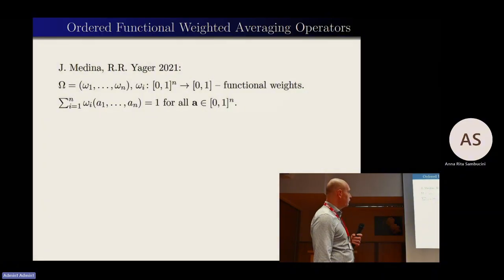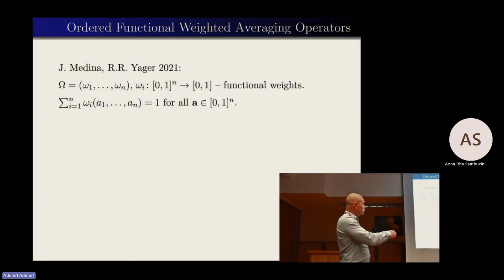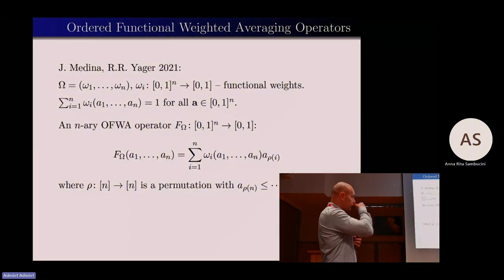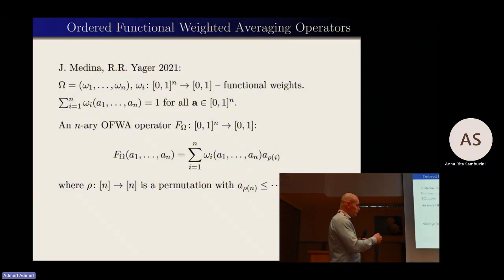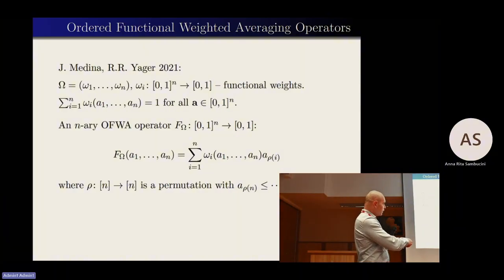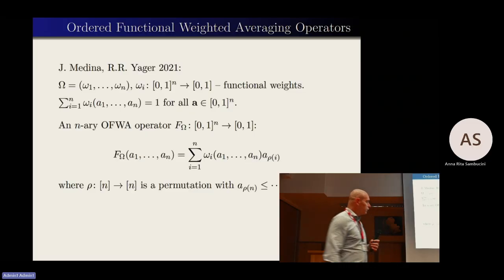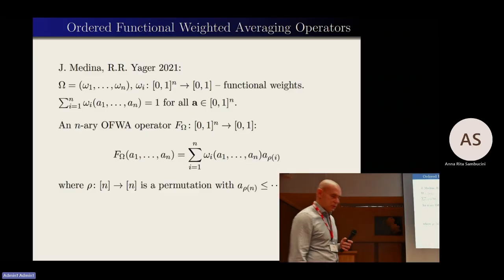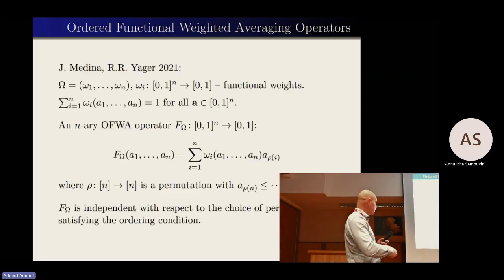And again, we have the norm that the sum of the weights is equal to 1, and the corresponding ordered functional weighted operator is defined in such a way as the classical ordered weighting operator, that we have a permutation which orders the inputs, and to the greatest input there is applied the first weight, to the second one the second, and so on. So this is the standard definition of these operators.